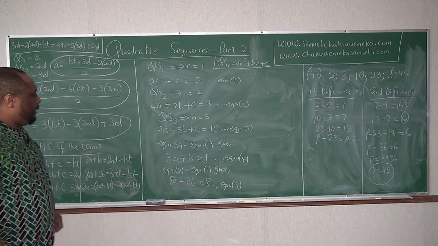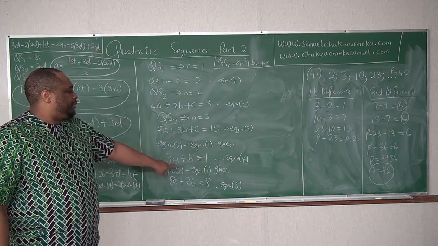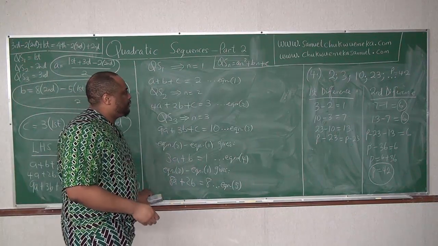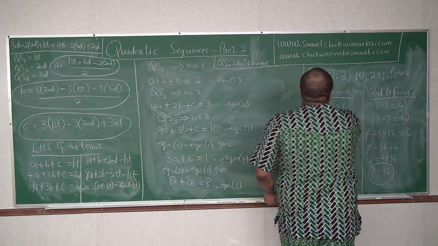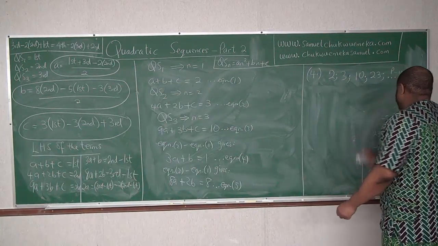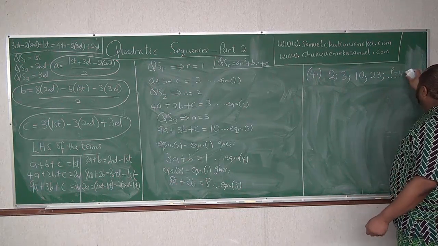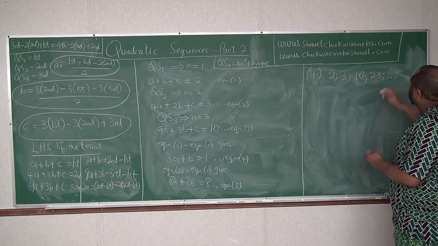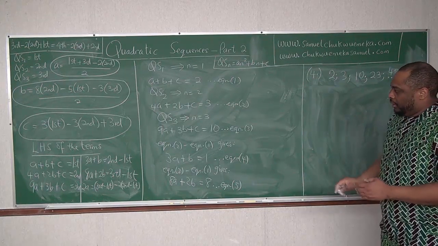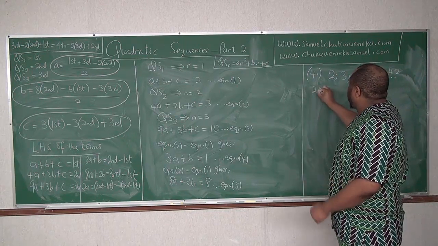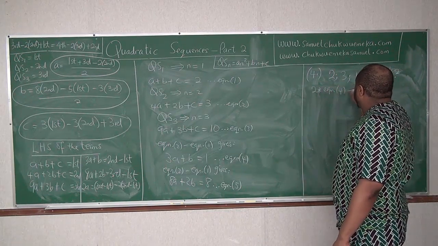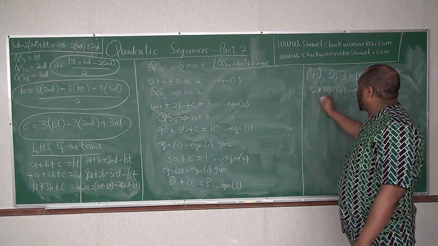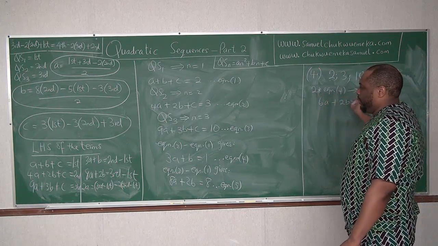Now we do 2 times equation 4. We want to find a first. So 2 times equation 4 gives what? 2 times 3, 6a plus 2b equals 2.